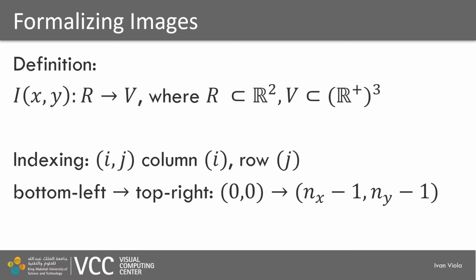Now we have a broad overview in which we see how the input or output devices are represented through hardware. Let's abstract from the hardware, and let's define what is an image, what is this array of pixels.